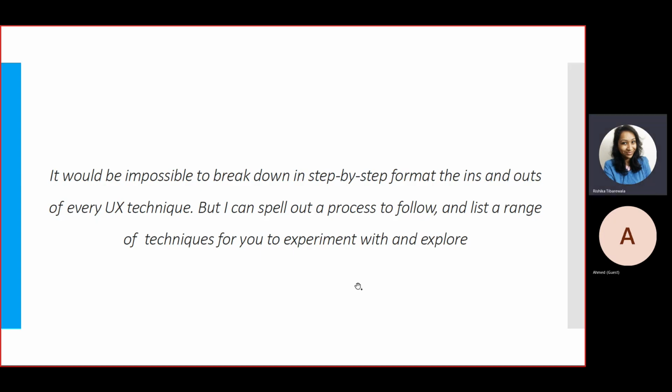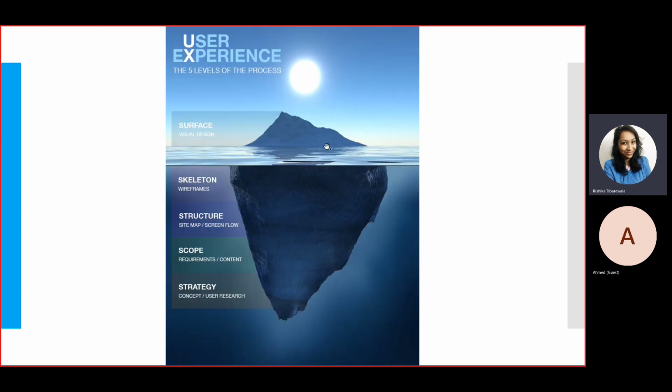Let's understand the process of user experience. It would be impossible to break down in step-by-step format the ins and outs of every UX technique, but I will try to explain the maximum of it and list a range of techniques for you to experiment with and explore. These techniques are implemented during the user experience process.